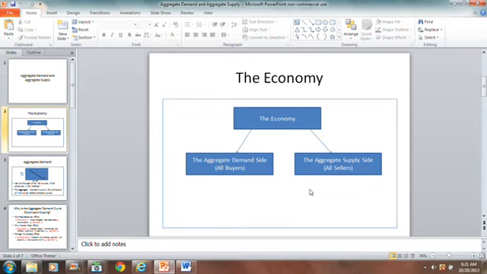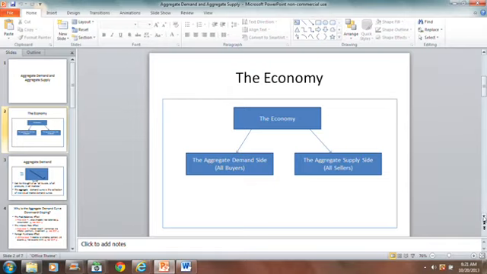We're going to take a look briefly at the activities on both the aggregate demand side, then the aggregate supply side, and then we'll put the pieces together and study how the economy works mechanically.